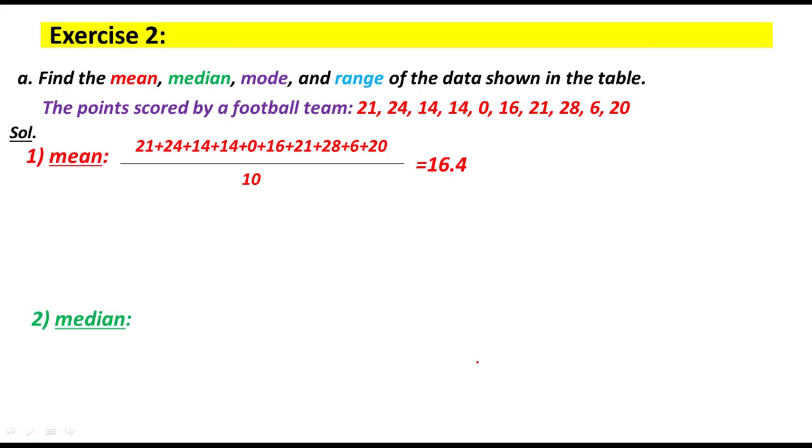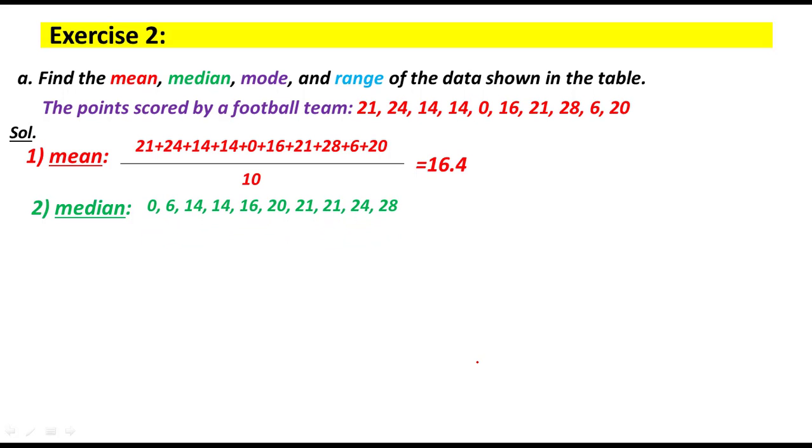Then step number 2, I'm going to find the median. I'm going to arrange my data from least to greatest, and then cross one from the beginning, one from the end. I will have 2 numbers in the middle. So in order to find the median, I'm going to add 16 plus 20 divided by 2, which will give me 36 divided by 2, which is 18.